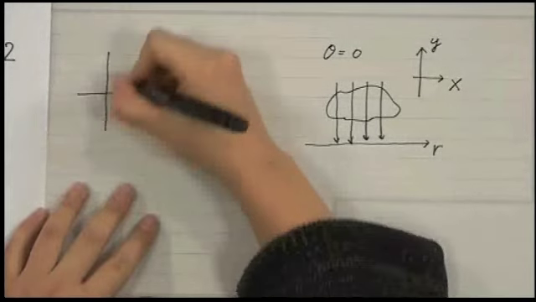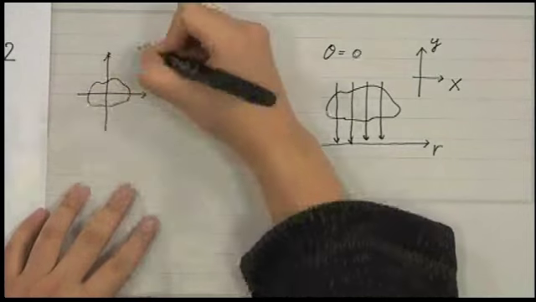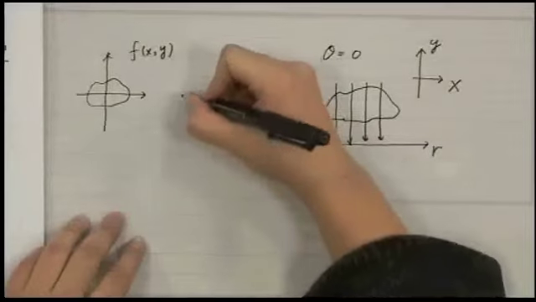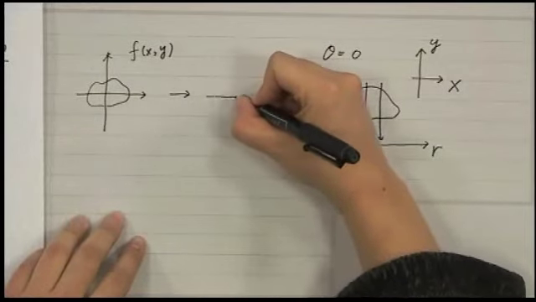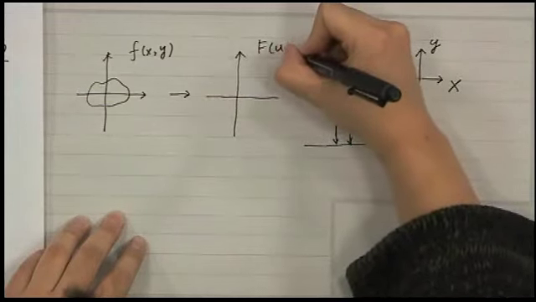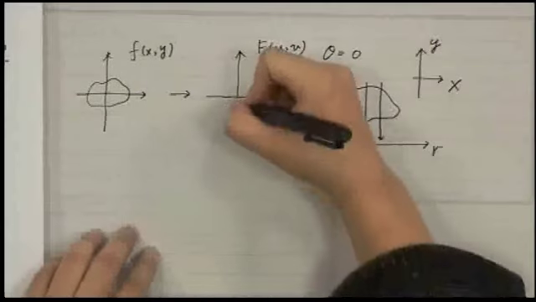For example, we have some f(x,y), and then there is some corresponding Fourier transform.